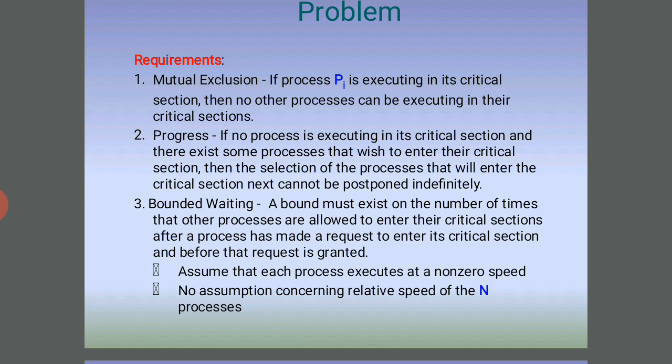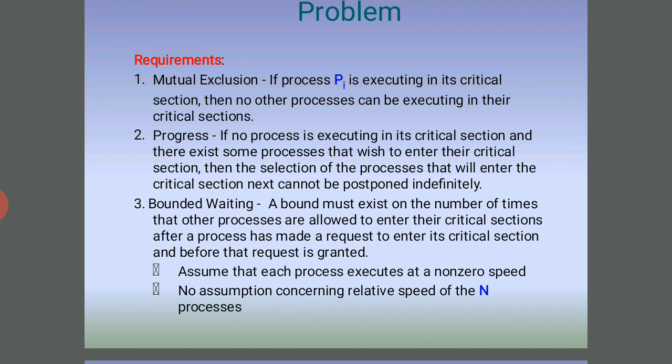Progress: if no process is executing in the critical section and there exist some processes that wish to enter their critical section, then the selection of the process that will enter the critical section next cannot be postponed indefinitely.